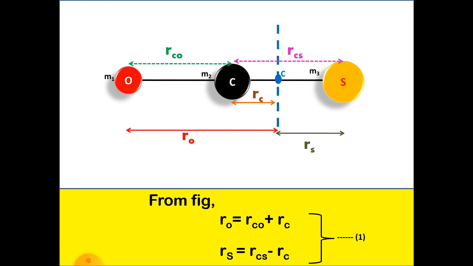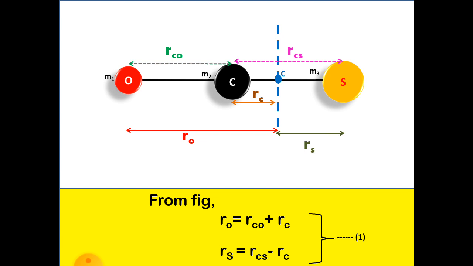Our aim is to determine the bond lengths RCO and RCS. This molecule rotates about a common point and the axis of rotation passes through the point C. About the point C, these 3 atoms are at distance RO, RC and RS.